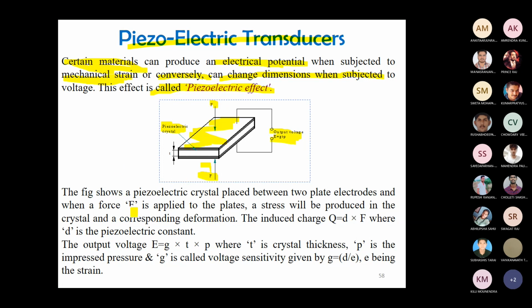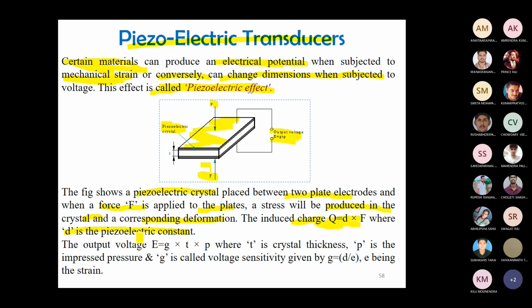This figure shows the piezoelectric crystal placed between two electrode plates, and when force F is applied to the plates, a stress will be produced in the crystal, and corresponding deformations. The induced charge Q equals D into F, where D is the piezoelectric constant.